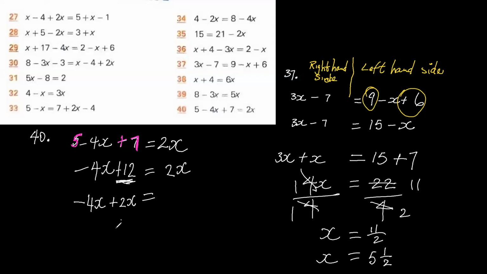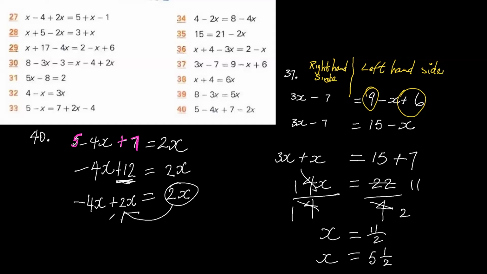Well, the 2x is still on this side. No, the 2x is not on this side because you took it to the other side. When you carry the 2x to the other side, does it remain 2x or does it become something else?